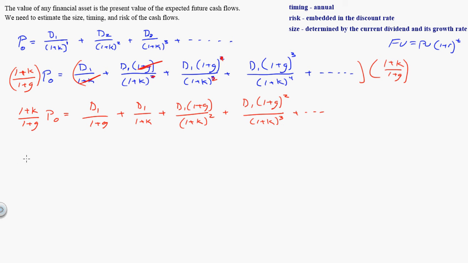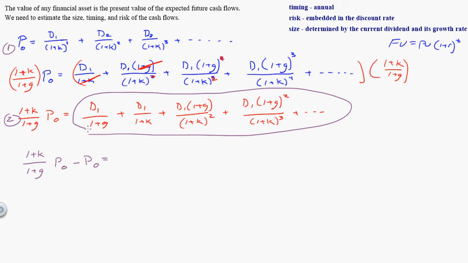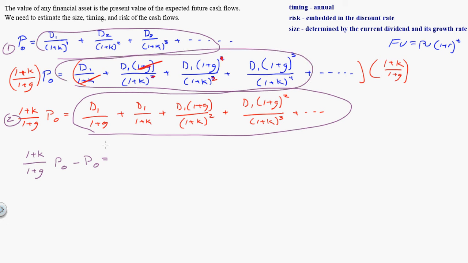I don't expect you to figure this out. This is what somebody did a long time ago. I just want you to know where the formula comes from so it doesn't look magical. Take this equation, call it equation 2, call this equation 1. Say equation 2 minus equation 1, so this minus P0. If I take all of this stuff and subtract all of this, what am I left with?